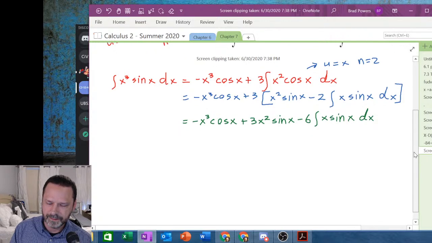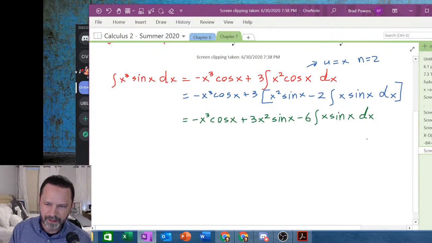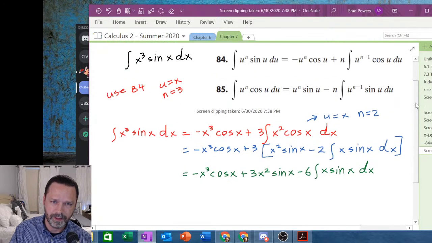So that is something that we have looked at before. And we could do, well, actually, could we do? Why not? We could even just use the formula again if we want.